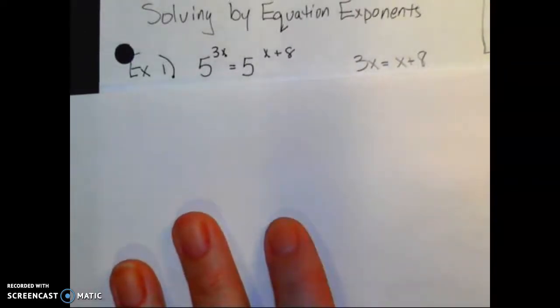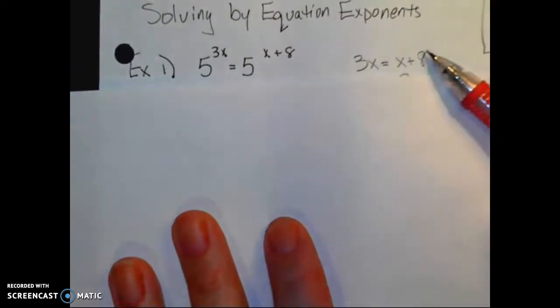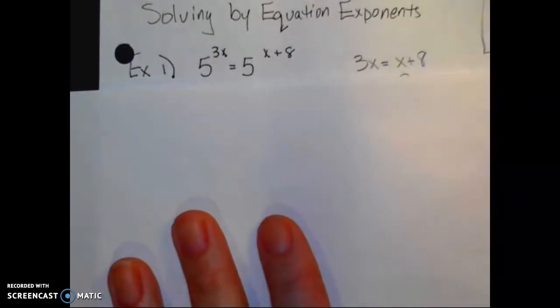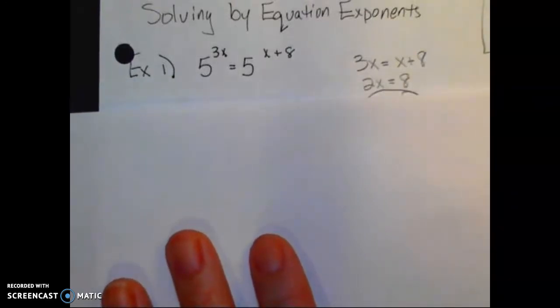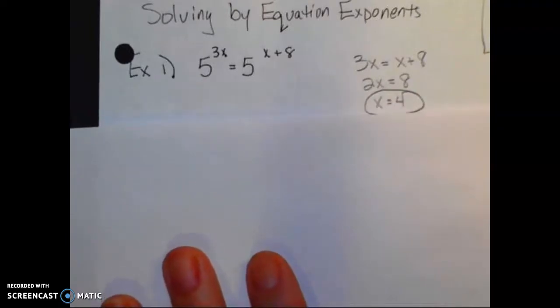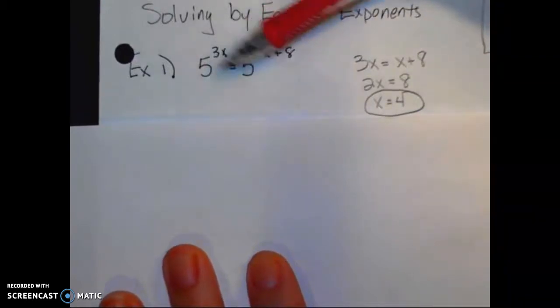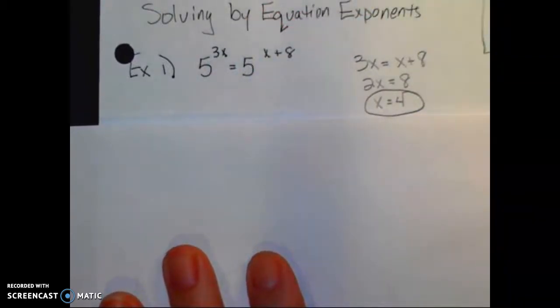You can cancel the 5s and just set the exponents equal to each other and solve. Subtract x from both sides, divide by 2, and you get x equals 4. These are the easier kind. I love when this happens when you have the same base because you can just cancel the base and set the exponents equal to each other.